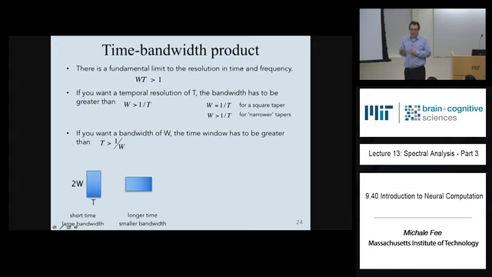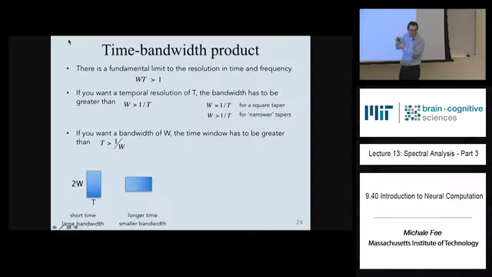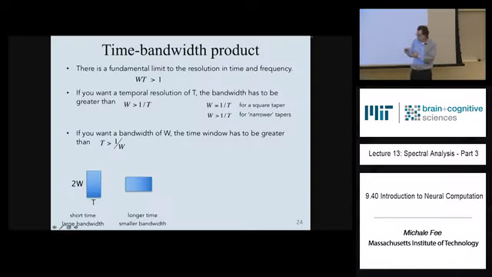This all depends on how you're measuring the time and the bandwidth, right? These are kind of funny shaped functions, so there are different ways of measuring what the bandwidth of a signal is or what the time width of a signal is. Now, the windows that you're looking in time and frequency with are the smallest time bandwidth product, okay?